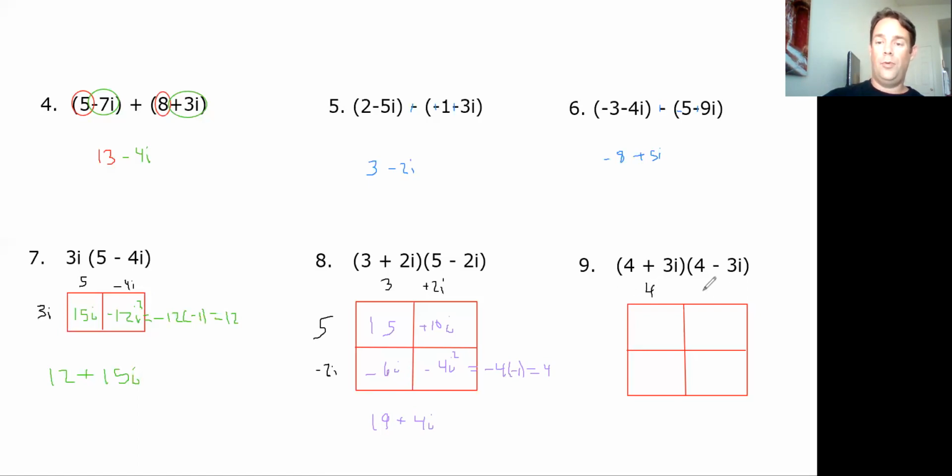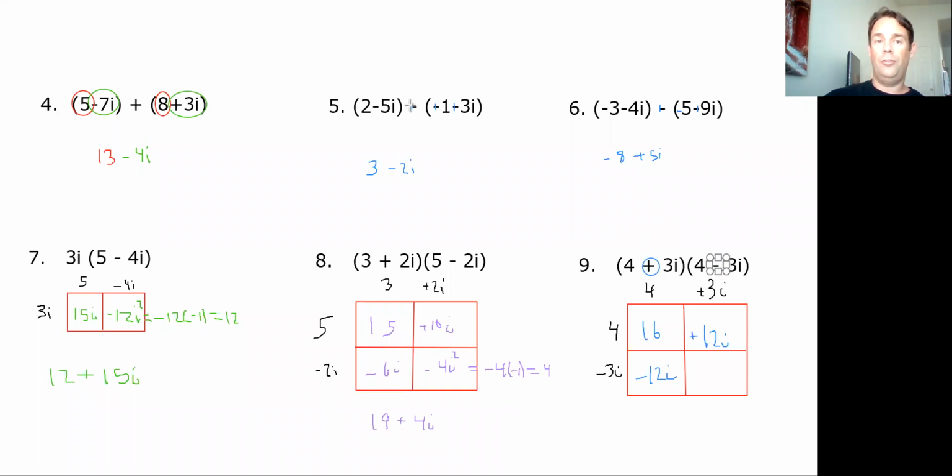4 plus 3i, 4 minus 3i. You should have seen something hopefully kind of cool with this one. And again, it shouldn't have been too terribly of a shock. Imaginary numbers, when they come in conjugates, in other words, conjugate, remember, is that term where we have one that's plus, one that's minus.